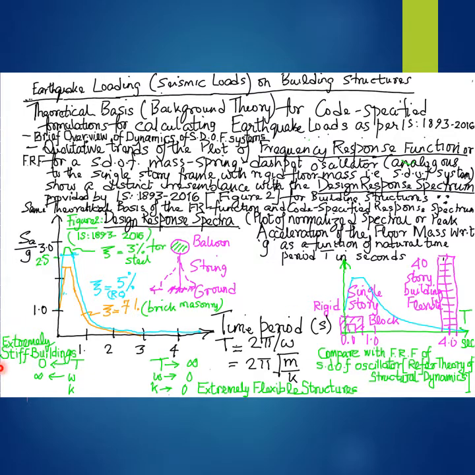In other words, such extremely stiff buildings as depicted by the rigid single-story block in this figure shown on the left extreme of the spectrum simply follow the earthquake ground motion.